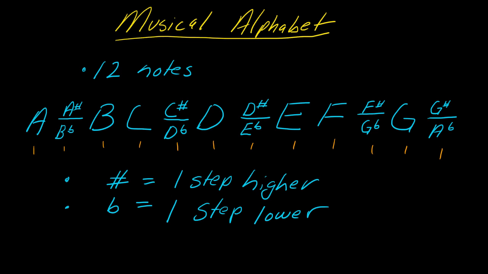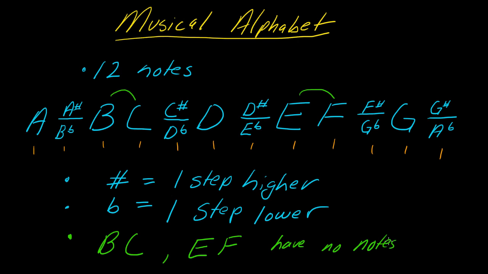And those are B and C, there's no note there, and E and F. So if you can figure out how to memorize that B and C and E and F have no notes in between, this should be easy to remember.